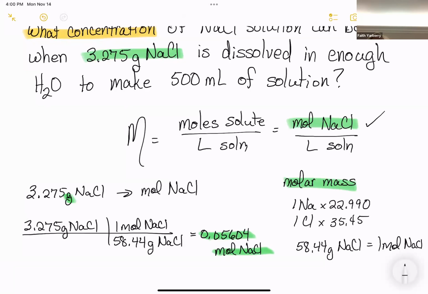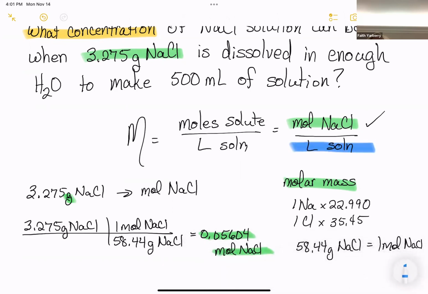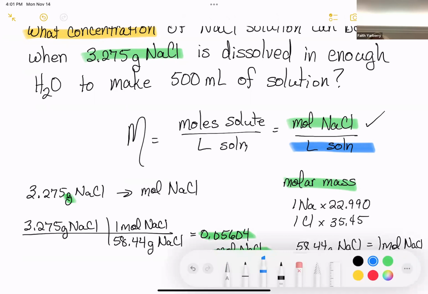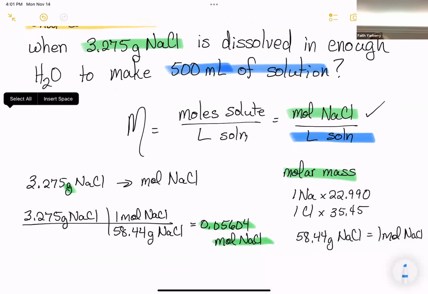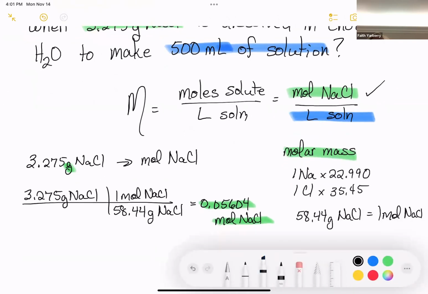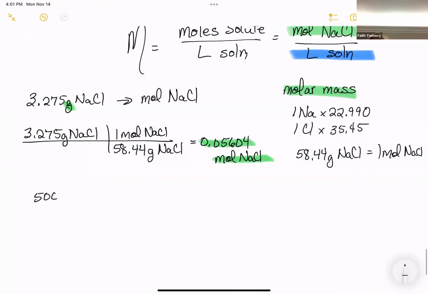Now I need to get the denominator. And for that denominator, I need liters of solution. Looking back at it, I was given 500 milliliters of solution. So I just need to convert that milliliters into liters. There is 1,000 milliliters of solution to 1 liter.